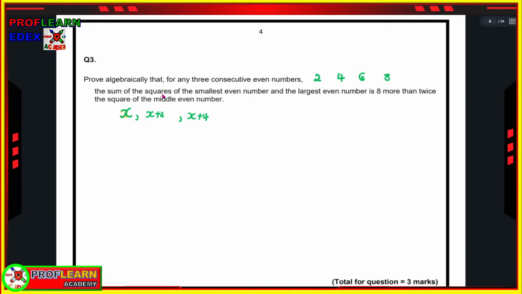The sum of the squares of the smallest even number and the largest even number is 8 more than twice the square of the middle. So 8 more than twice, so we must add 8.